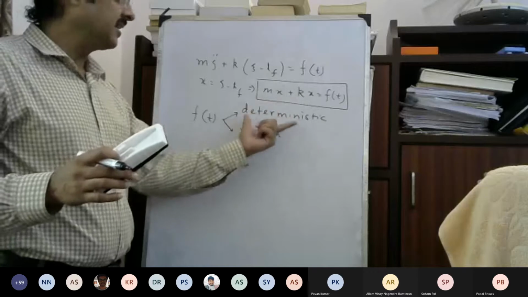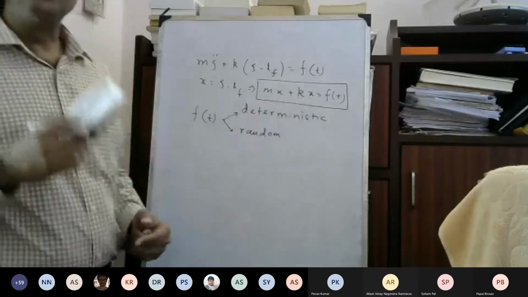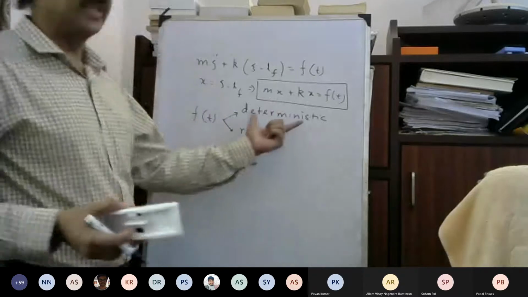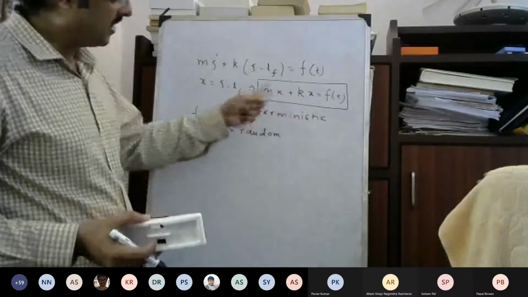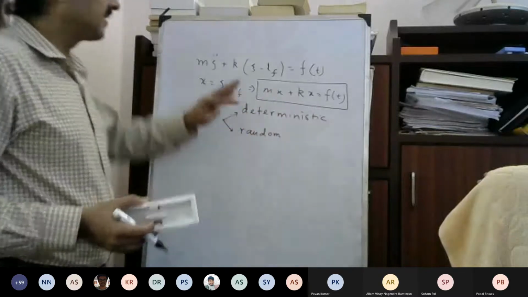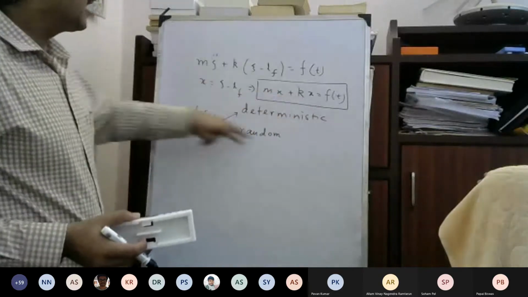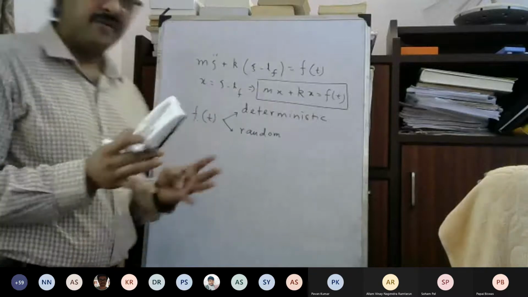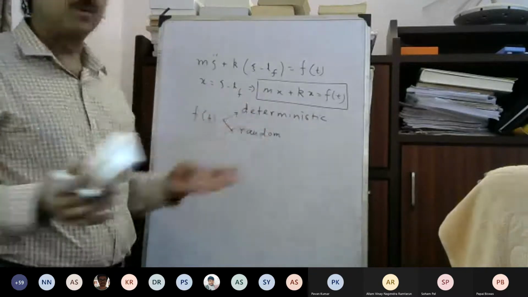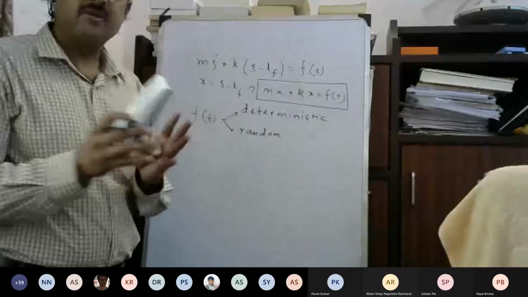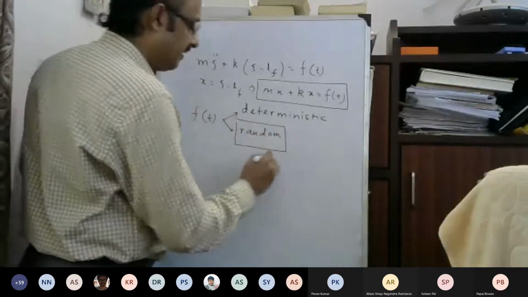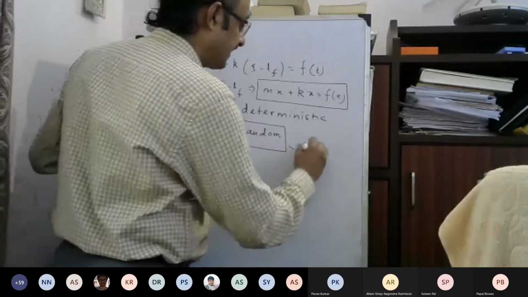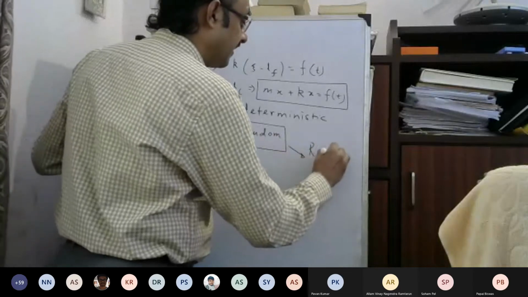Otherwise, the vibration which we will study in our course will be a deterministic system, so everything is determinate. The random vibration, of course, I'll come to that later on. So this is the broad definition of a system: linear, nonlinear, either deterministic or random. With this kind of response, you will study in a subject known as random vibration.